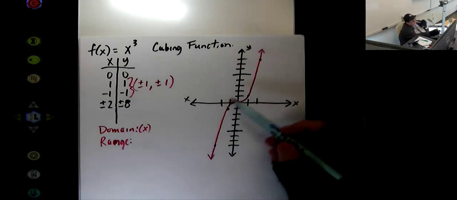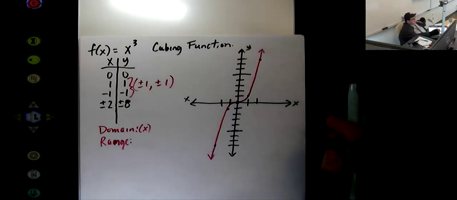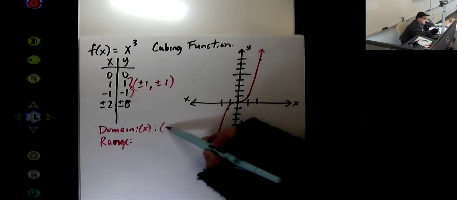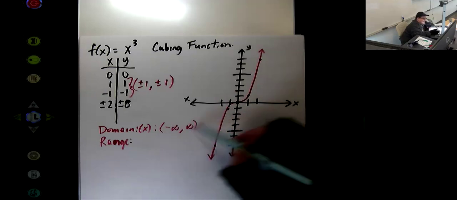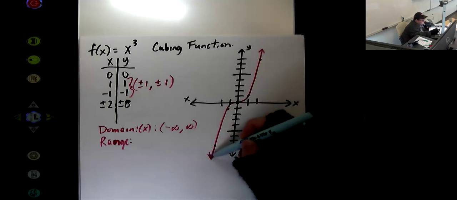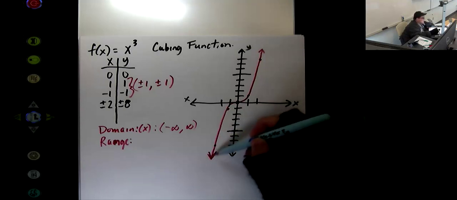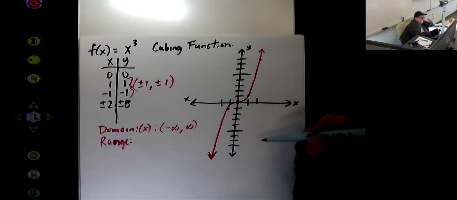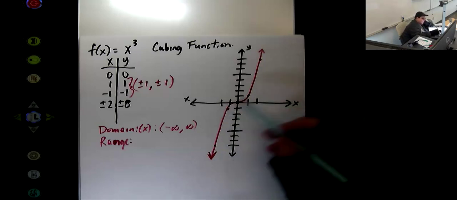If I keep going far enough out, I'll eventually find an x that's on the graph. So it's again, -infinity to infinity. As long as there's even a slight angle when you have a graph with an arrow, it means it's eventually going to hit all the x's that way. Same thing in the positive direction.